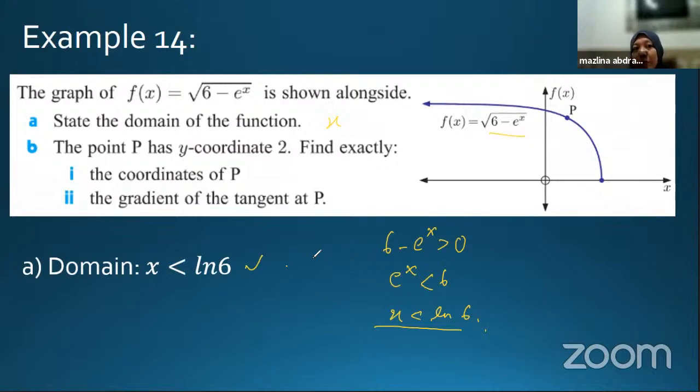And then the point P has y coordinate 2. Find exactly the coordinates of P and then the gradient of the tangent at P. So this is P, having y coordinate 2. Therefore, the coordinate is supposed to be x and 2 for P. Okay, how to do this?